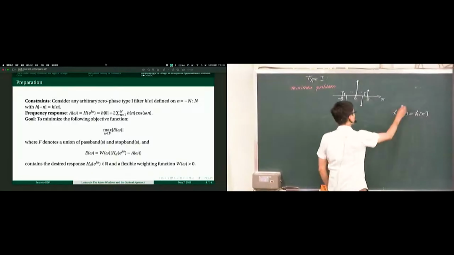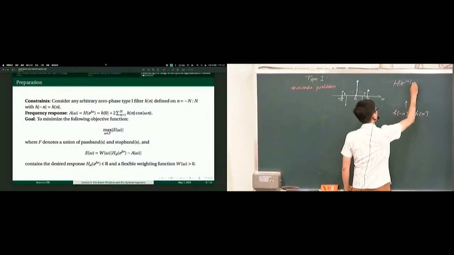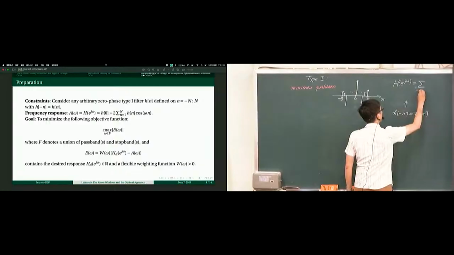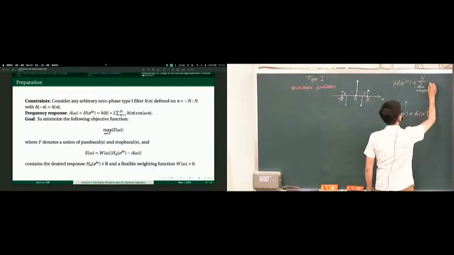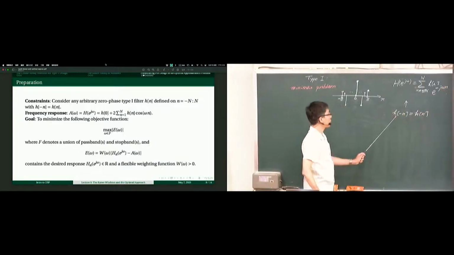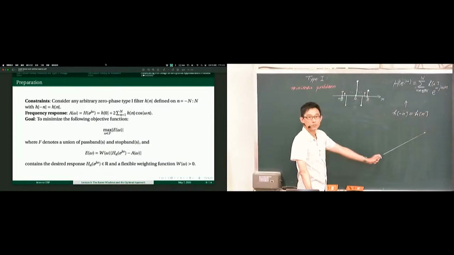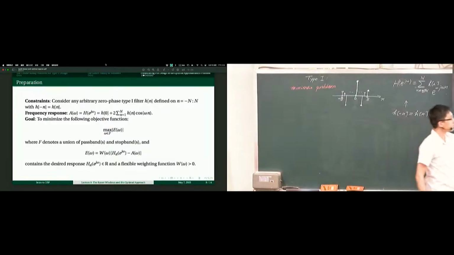The DTFT, H of e^{j omega}, by definition is the sum from minus N to N of h[n] e^{-j omega n}. But now, because the time domain is symmetric, it's going to be real valued and it equals this expression.